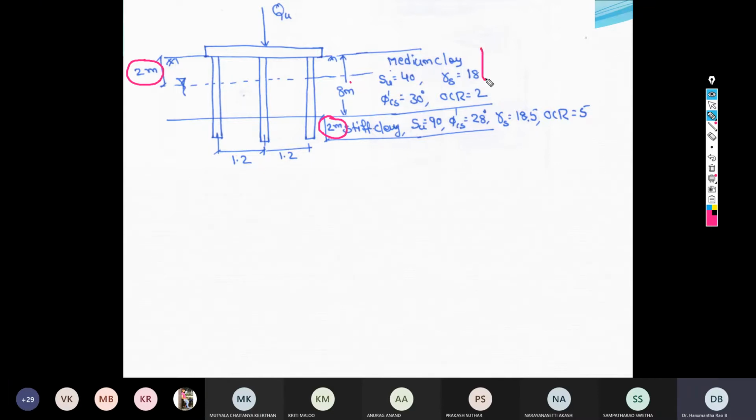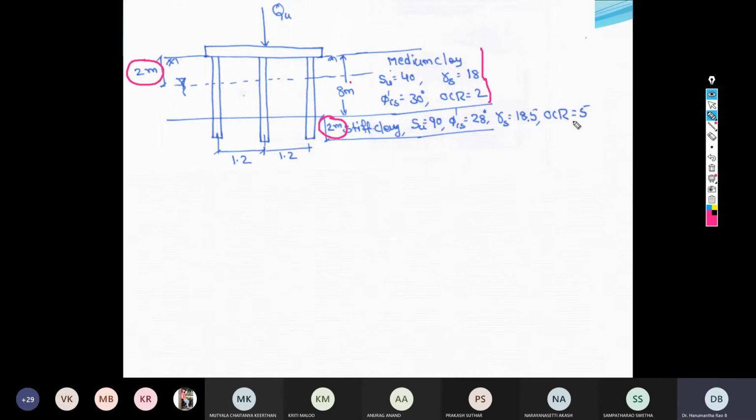So all the properties are given. First, the top layer is medium clay, for which the undrained shear strength is 40 kilopascals, gamma sat is 18, phi dash is 30, OCR is 2. And followed by stiff clay, whose undrained shear strength is 90, phi dash is 28, gamma sat is 18.5, and over consolidation ratio is 5.